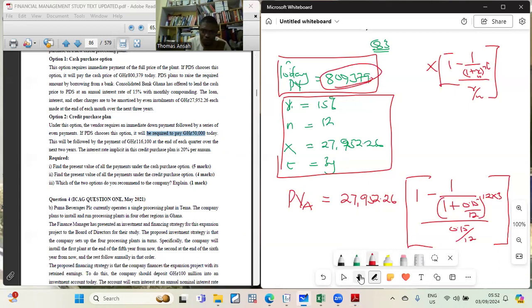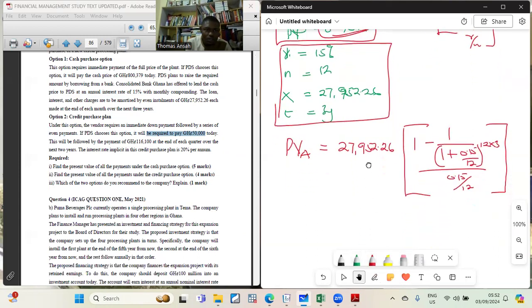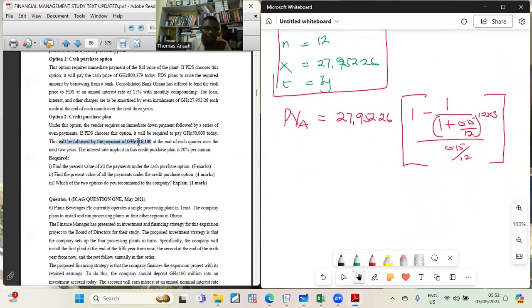So this 50,000 we won't PV it. Then there will be followed by a payment of 116 at the end of each quarter for the next 2 years at the given interest rate. So the same process that you are going through, we are going to repeat the process. And so let me see how you flow with it.